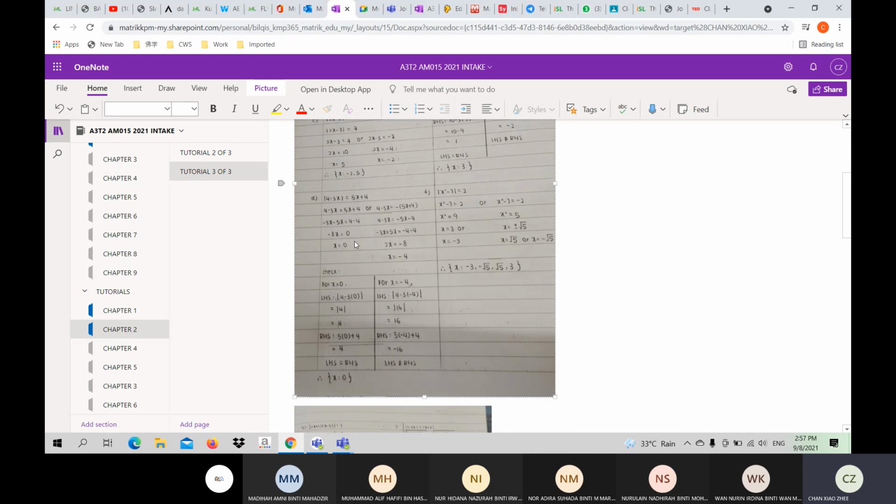So the next step is, if we find two different value of x, we must check whether the value of x betul atau tidak. So kita just substitute into the original equations. Substitute and compare the left hand side and right hand side.